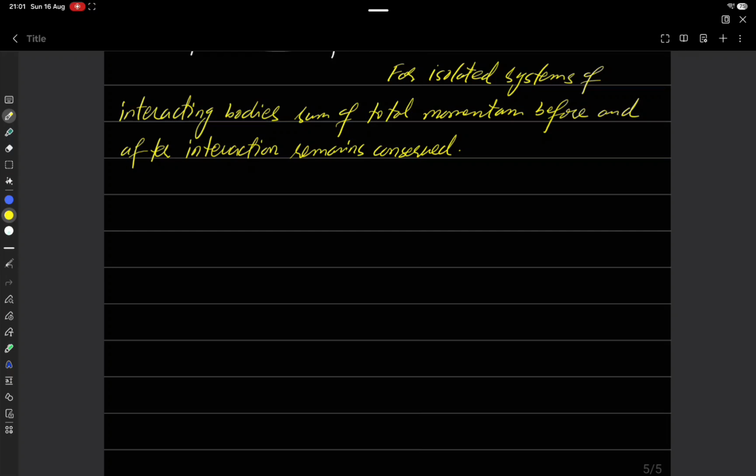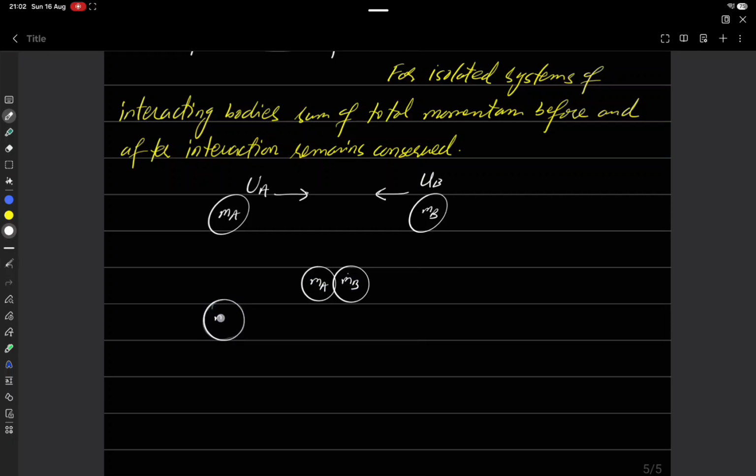So we have a system of two bodies, a ball of mass ma with initial velocity ua, and another ball of mass mb with velocity ub, traveling in opposite directions. They collide with each other. After collision, ma travels to the left with velocity va, and mb moves to the right with velocity vb.